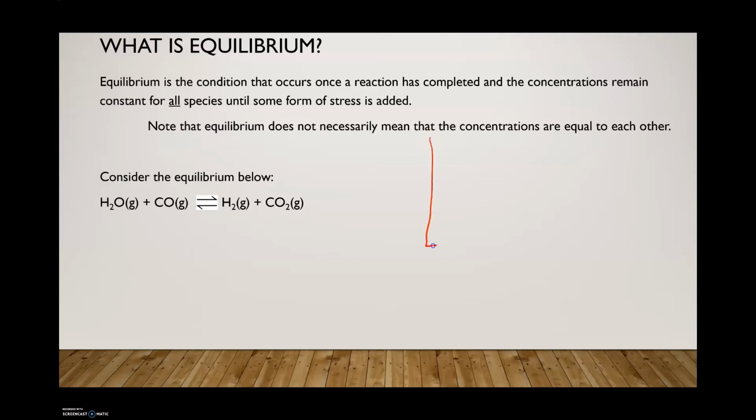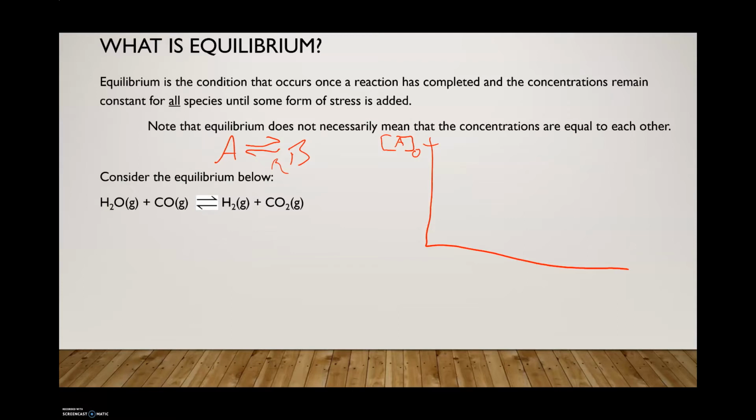If we look at a graph, this would be the initial concentration of your species. A would form an equilibrium with B. The double-headed arrow you see here represents equilibrium, meaning that the reaction can go in the forward direction and also in the reverse direction.